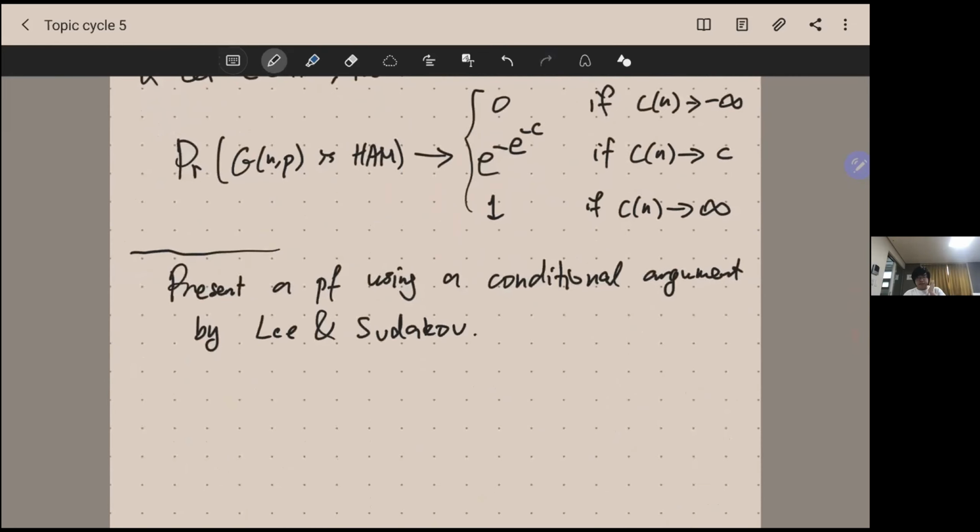The idea can again be captured in one sentence. Okay, the idea is that, before, what did we do? Before, we did it in two steps.